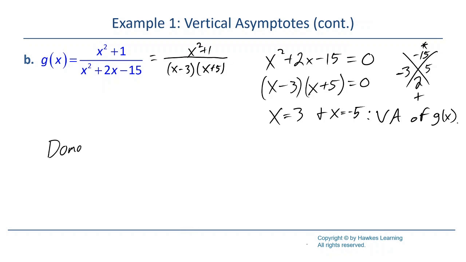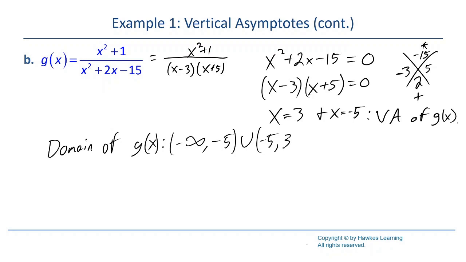And so then the domain of g of x will be negative infinity to, remember these go from descending to ascending, so smallest to largest, negative 5, and then we'll union negative 5 to 3, and then we'll union 3 to infinity.